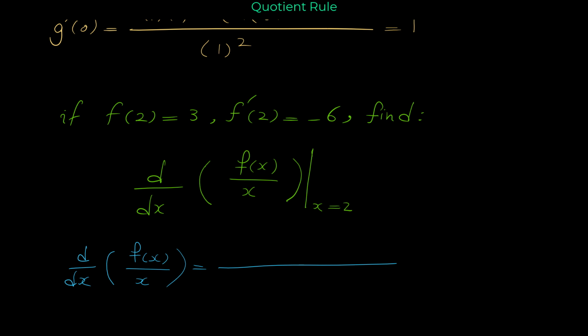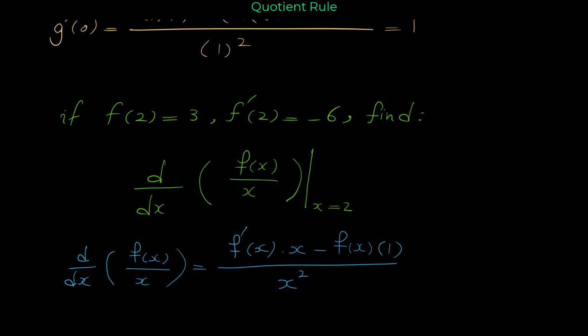Take the derivative of the numerator. The derivative of f of x is f prime of x. Multiply the derivative of the numerator by the denominator, by x, minus, write the numerator function, whatever it is, f of x, times the derivative of the denominator. The derivative of x is 1. All over the denominator to the power of 2.